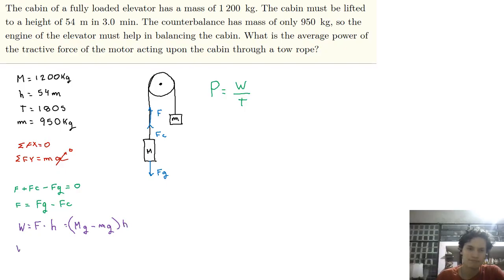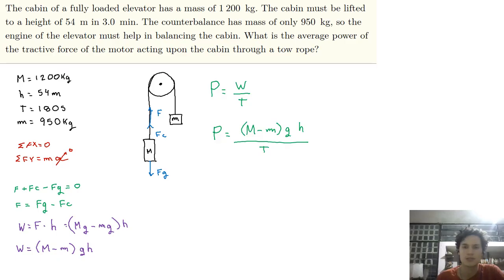And we can do a common factor here: the bigger mass minus the smaller mass, times gravity, times the height. So we can substitute this in the equation of power. And the power is going to be equal to the bigger mass minus the smaller mass, times gravity, times the height, over time.